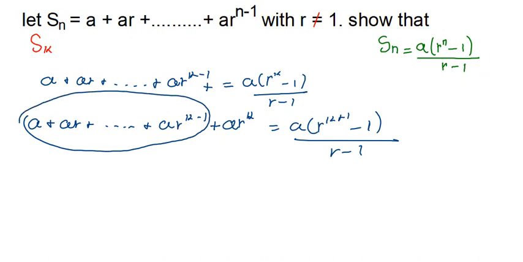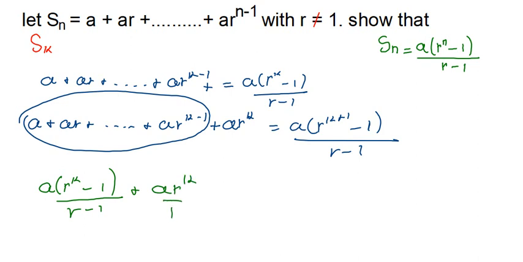So that would be my a, r to the power k, not really minus 1 but just k, divided by r minus 1, plus ar to the power k.